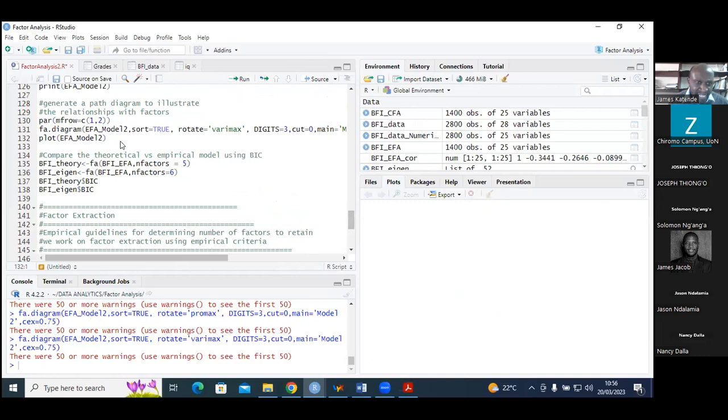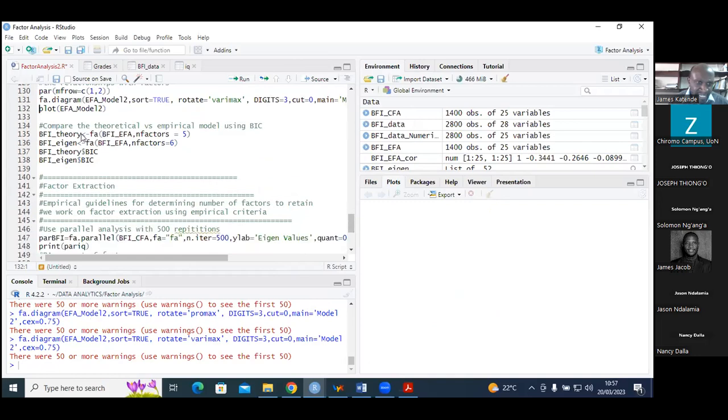So earlier on, the theory itself suggested that there should be 5 factors. So we can compare what the theory suggested and what the scree plot suggested, which is 6 factors, the eigenvalues that we picked using the scree plot.